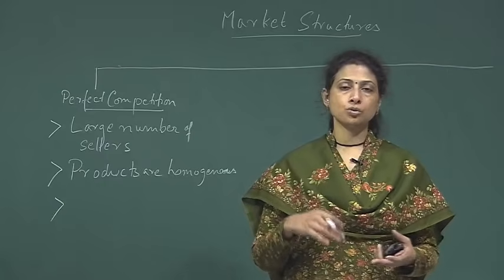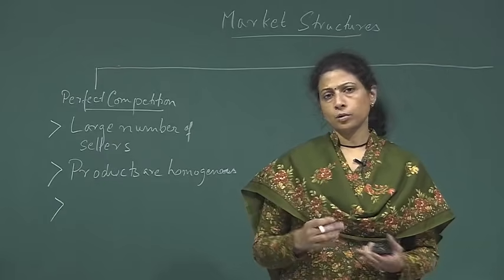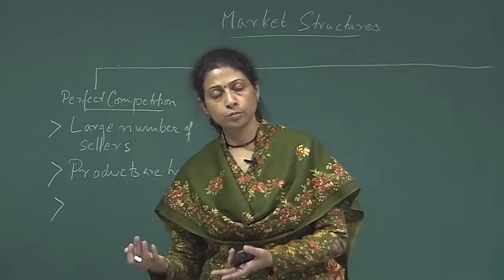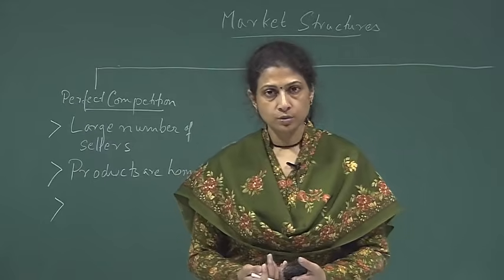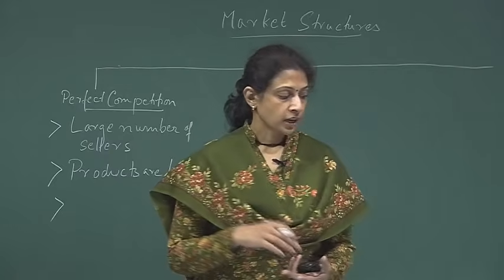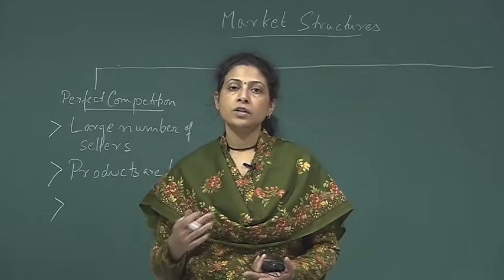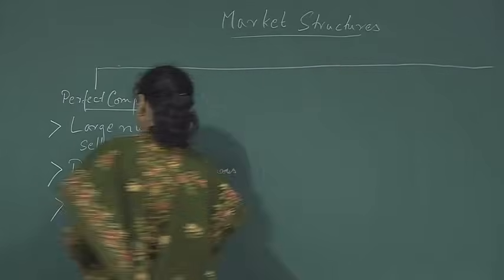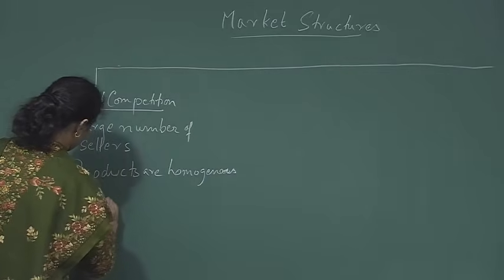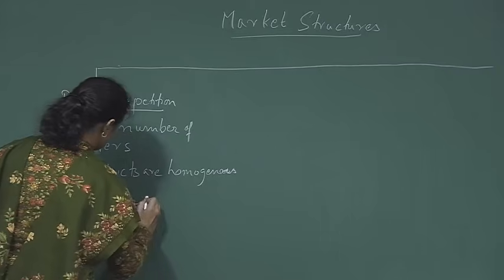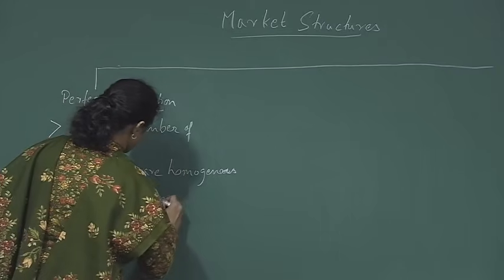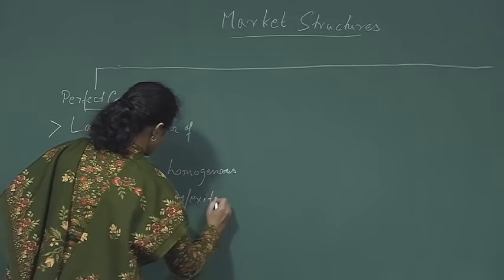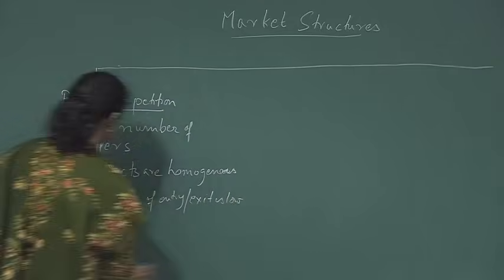If someone wishes to stop producing agricultural products, he may just stop and sell off his land or put it to some other alternative use. So the barrier of entry and exit is low.